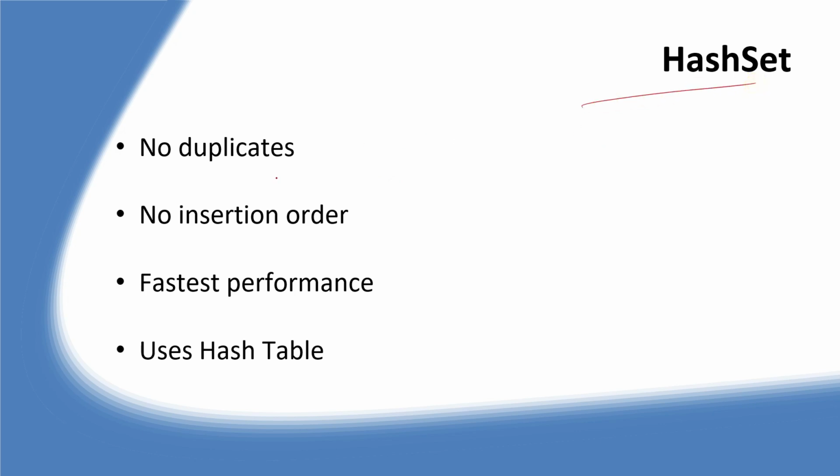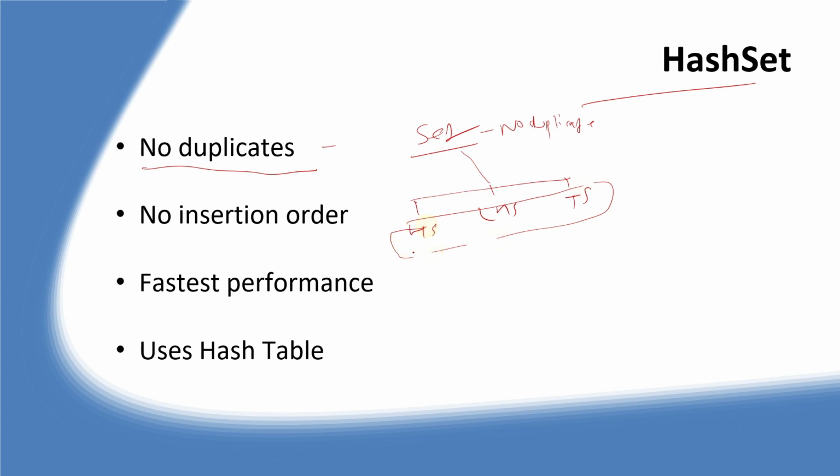Okay, HashSet. For HashSet, no duplicates allowed. No duplicates means we cannot insert two similar elements inside HashSet. Since HashSet is an implementation class of the Set interface, and the Set interface says no duplicates allowed, that means for all three implementation classes, whether it is HashSet, LinkedHashSet, or TreeSet, no duplicates will be applicable.